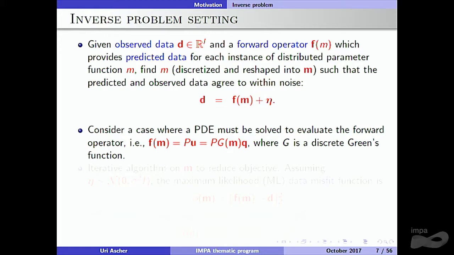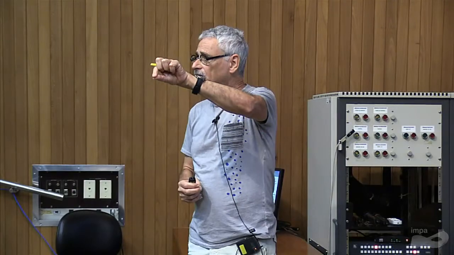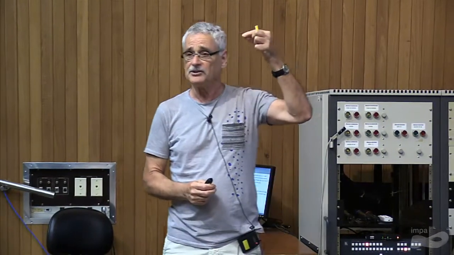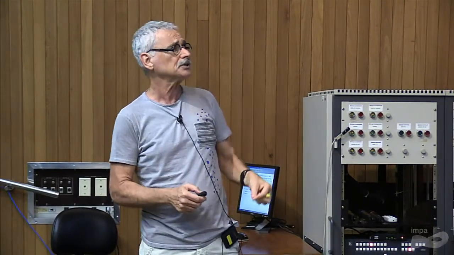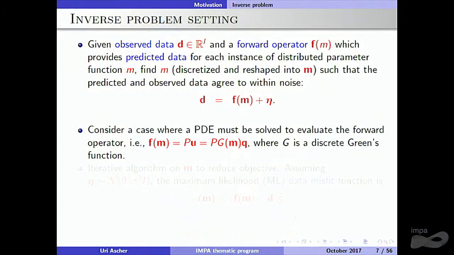The PDE itself is linear, so U, this field, is given as a Green's function times a source Q. So you have a linear operator operating on U equal Q, and therefore we write it as G of M times Q. And then we have the field, and now the data have locations, and we sample the field at those locations. P is the projection matrix that says what are the locations, and that will be our predicted data, PU.